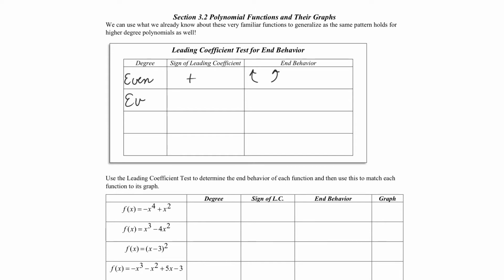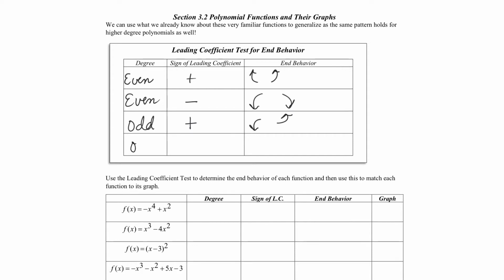If I have an even degree polynomial and a negative leading coefficient, then it's going to behave in the end behavior, as x approaches either positive or negative infinity, like my reflected parent quadratic function. If I have a polynomial with an odd degree and a positive leading coefficient, then in the end it's going to fall left and rise right, like my parent cubic. Again, I don't care about what's going on in between, only about as x approaches positive or negative infinity.